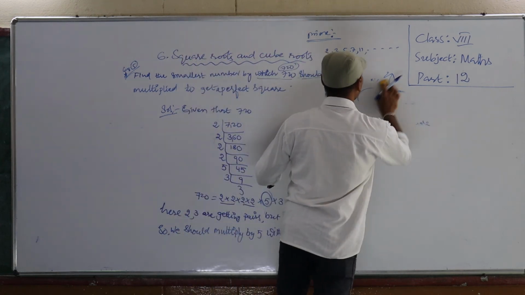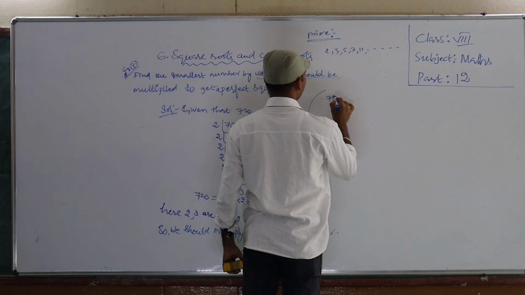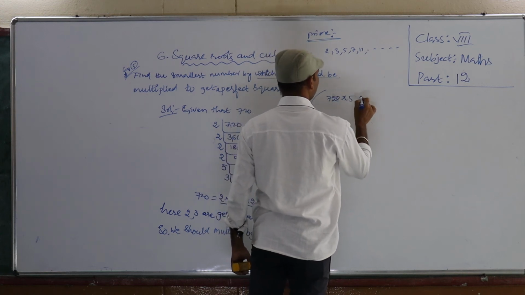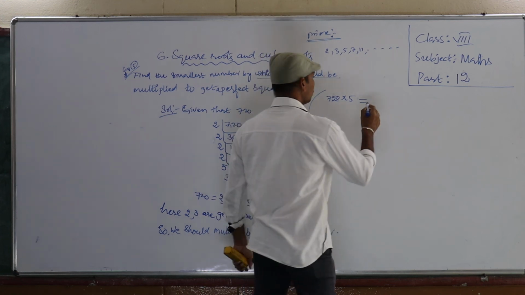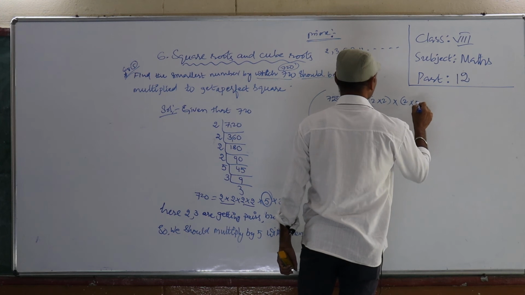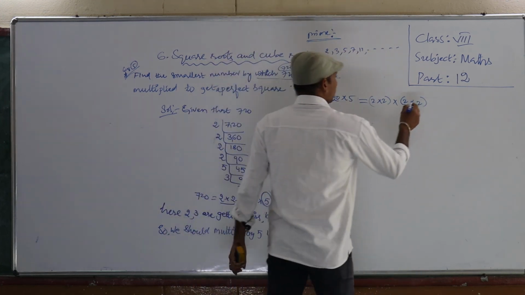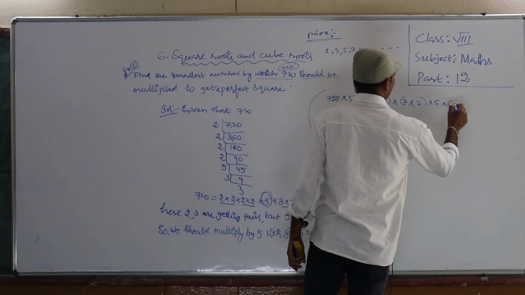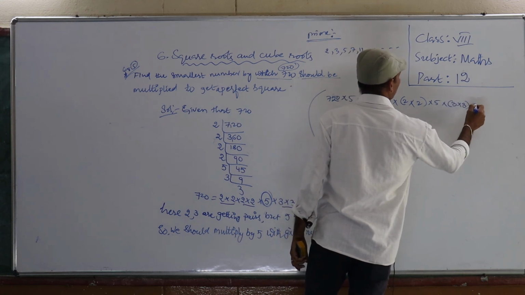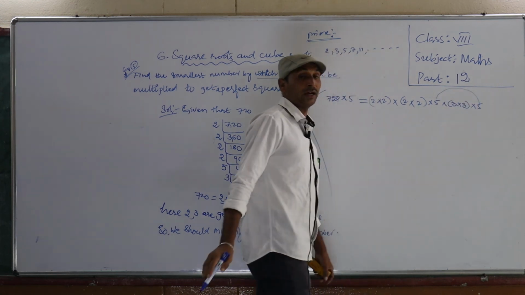So see children here, then 720 into 5 is equal to 2 into 2 into 2 into 2 into 5 into 3 into 3 into 5. So now this is also one pair now.